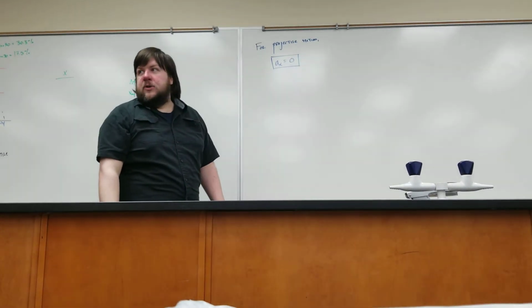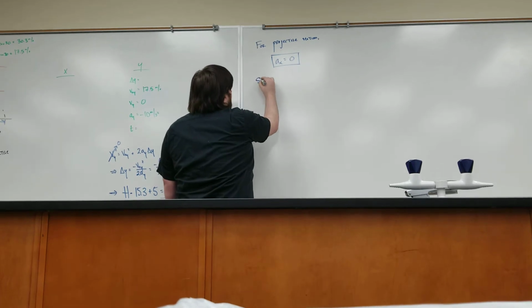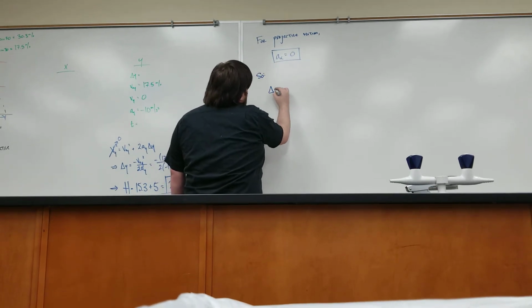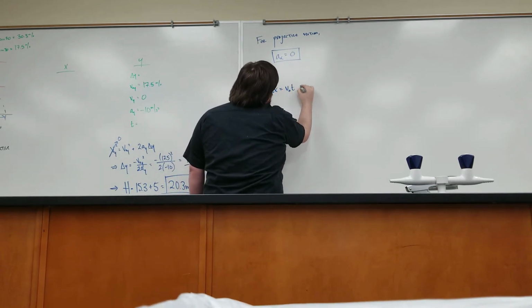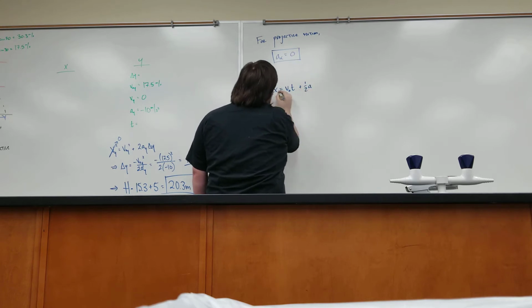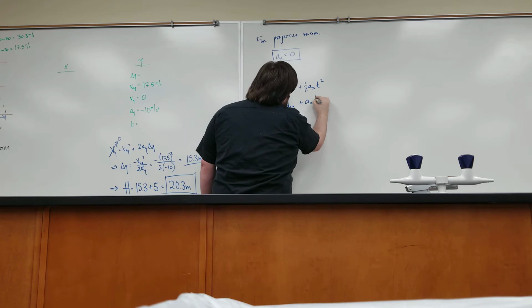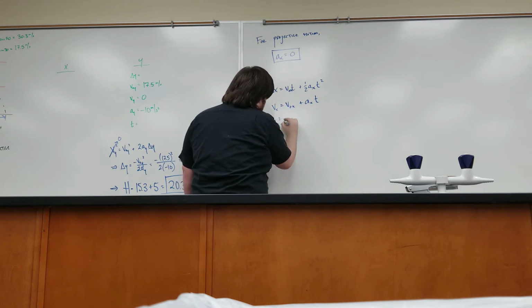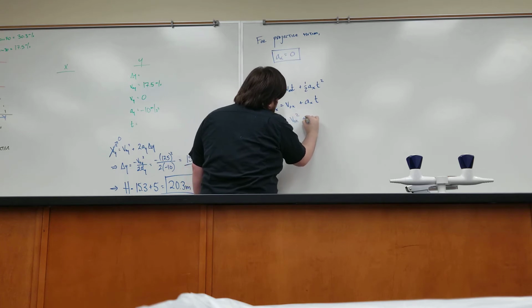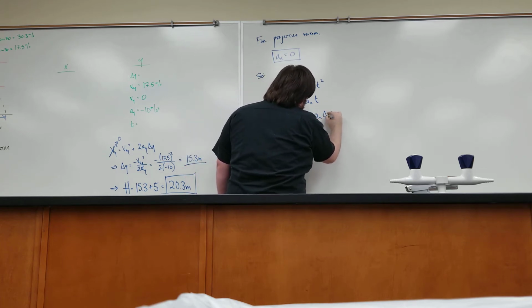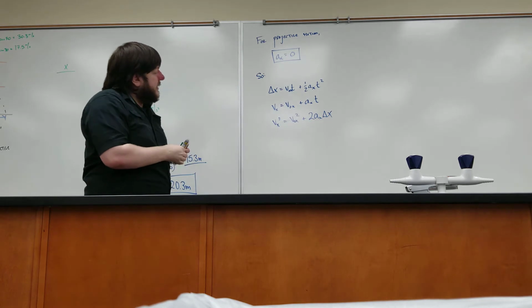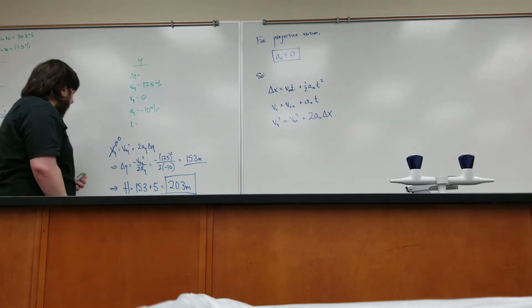That's always going to be true. So our equations, delta x is v naught x t plus 1/2 ax t squared, vx is v naught x plus ax t, and vx squared equals v naught x squared plus 2ax delta x. These formulas simplify, okay?